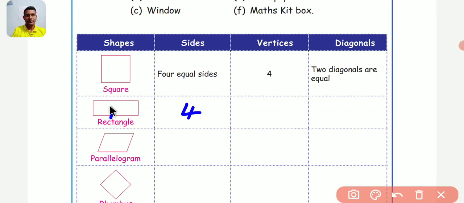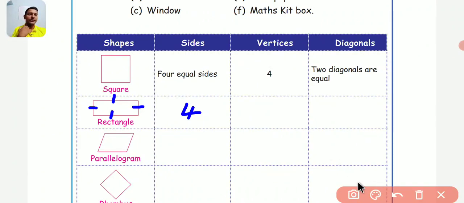Opposite sides are equal. This side is equal to this side, and this side is equal to this side. In a rectangle opposite sides are equal, therefore here you have to write opposite sides are equal. Or otherwise you leave it, since they are writing 4 equal sides here.